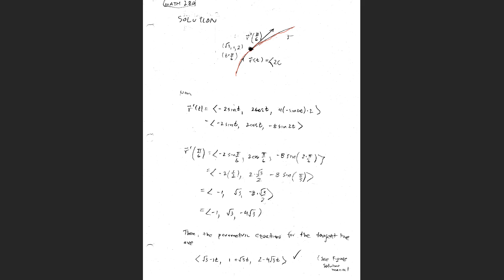We had 2 cosine of t, 2 times the sine of t, and 4 times the cosine of 2t.